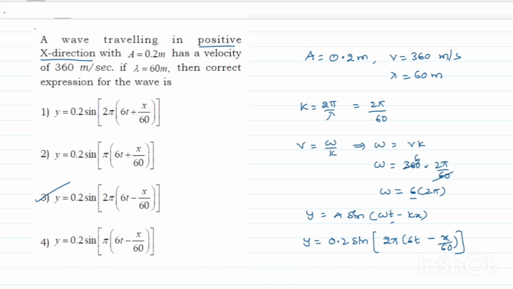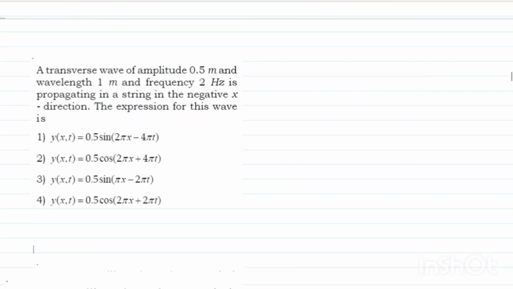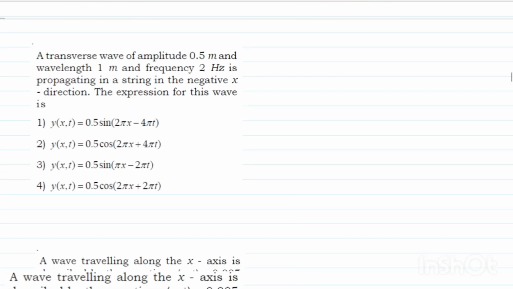Now let us see the next question. A transverse wave pulse of amplitude 0.5 meter, wavelength 1 meter and frequency 2 Hz is propagating in a string in the negative x direction. The expression for this wave they are asking.